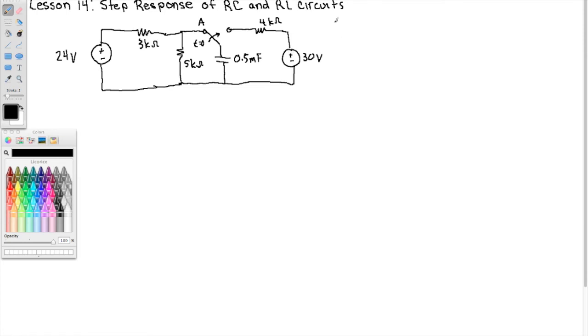So let's say the capacitor is initially uncharged. Find V for all time.